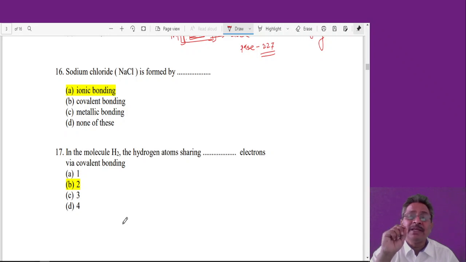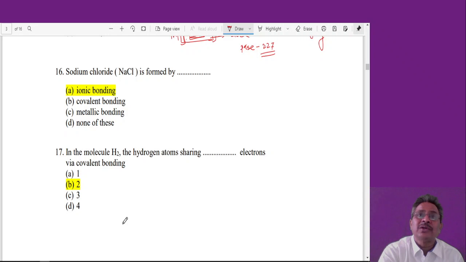So, you have to understand very easily what these bonds are, how these bonds work, how transitions of electrons take place from one atom to another atom, and based upon that these types of materials or compounds are created. So, very simple question number 16, sodium chloride NaCl is formed by, and for that, before we go for this type of compound, we must understand the electronic configuration of each element. Sodium contains 11 electrons, whereas Cl has a different number of electrons.